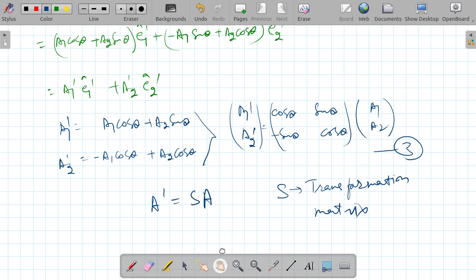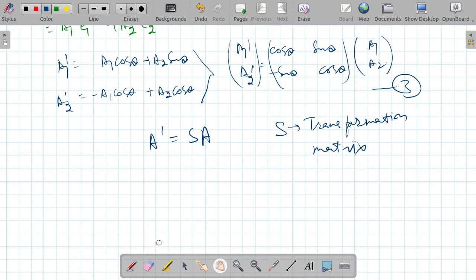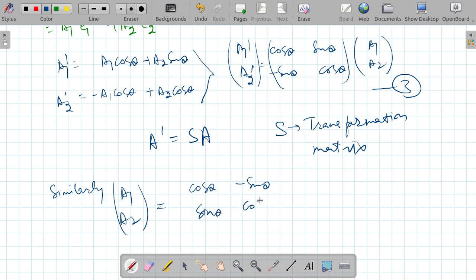And similarly, in terms of the inverse transformation matrix, we can express (a1, a2) as the matrix with cos theta, minus sine theta, sine theta, cos theta, acting on (a1 prime, a2 prime).